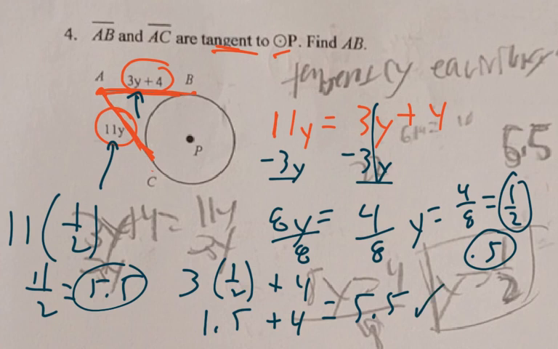So, long story short, I just want to make sure my math worked out perfectly. I know that this right here is 5.5 or 5 1/2 in length. So tangents from the same point always are equal to each other, and they always come in pairs like that.